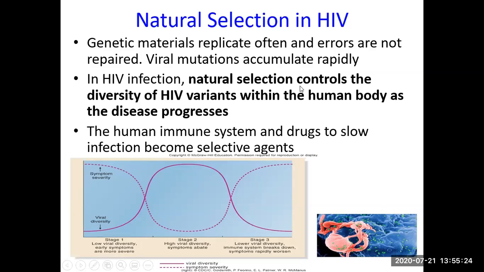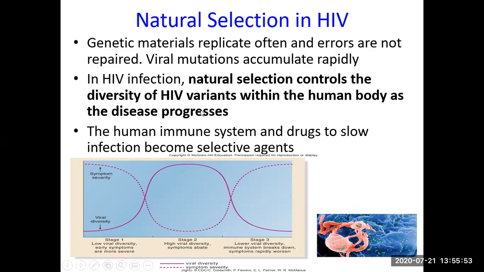So what happens in HIV, the virus that causes AIDS? And this is not just for HIV, but for any virus that infects you. If you look at the graph here, this shows how the infection cycle and your immunity work, and what exactly is happening. In HIV infection, natural selection is always acting, because we've had this disease for decades, and it controls the diversity of the different types of HIV viruses.